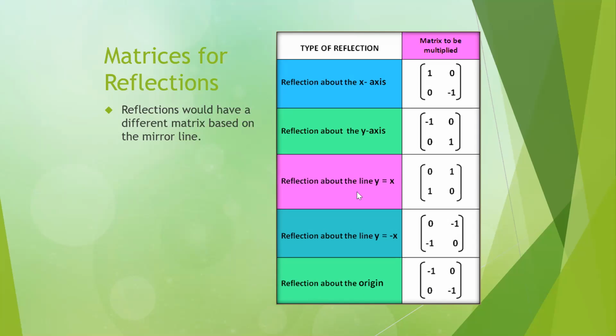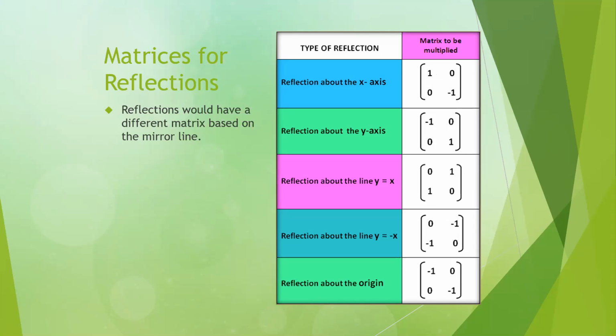All right, guys. Now, you may be saying, it's a lot to remember. If you look at it carefully, you will see patterns. And also, when you multiply the matrix by the points, you will notice the same shortcut method that Miss Louise must have mentioned to you: whether x and y seem to switch, or whether one of them becomes negative or not, based on the mirror line.